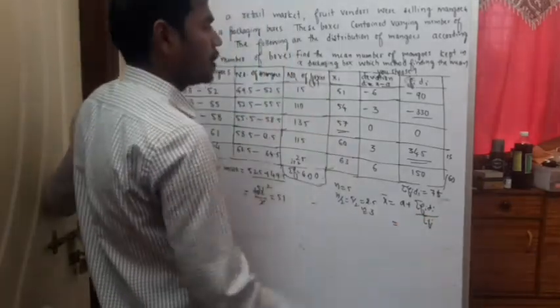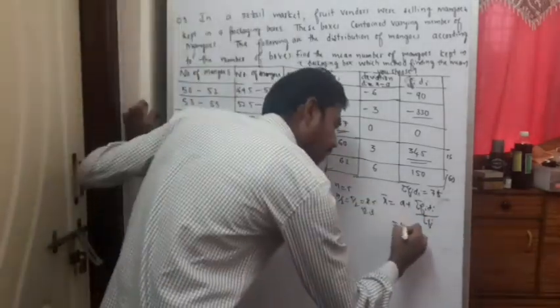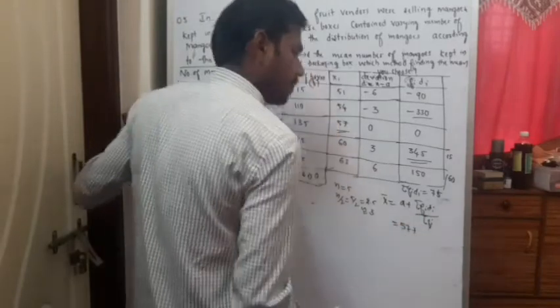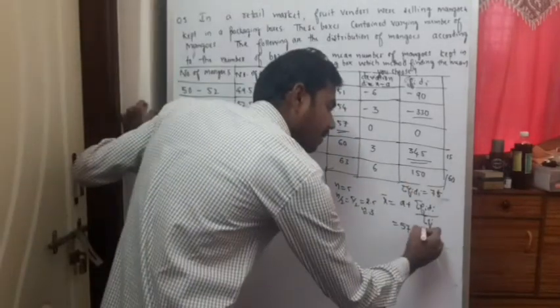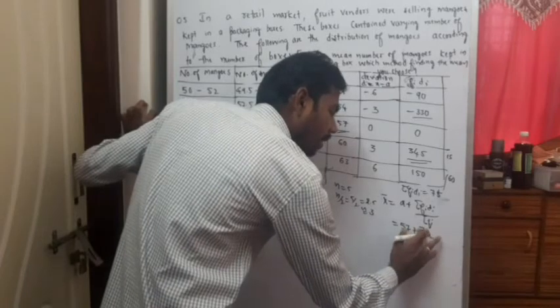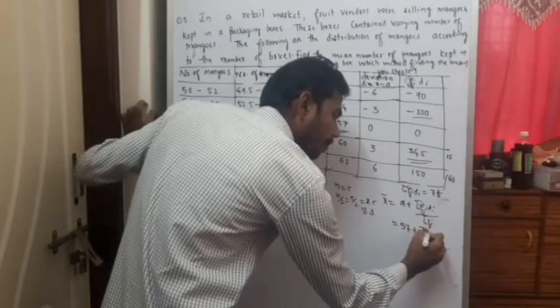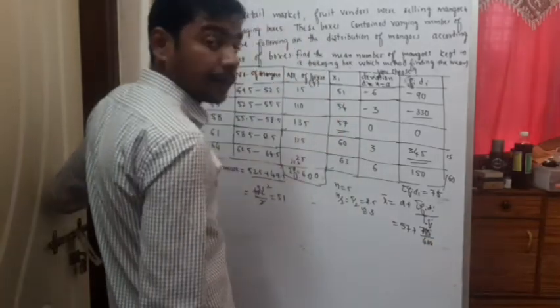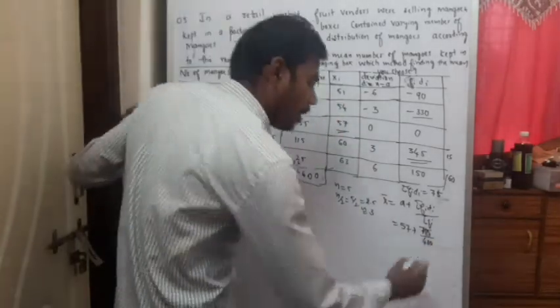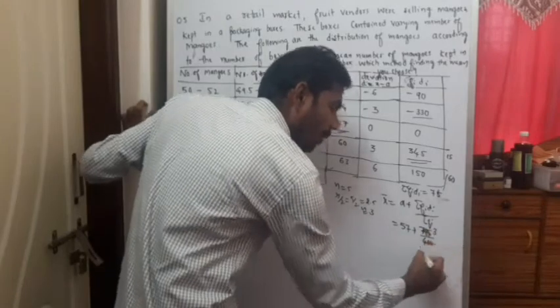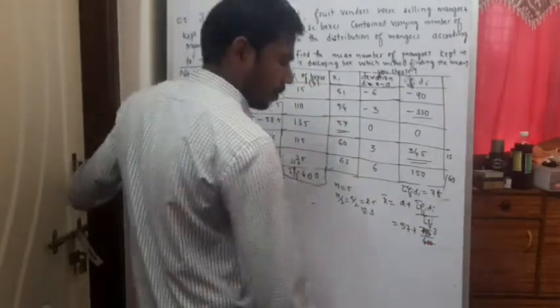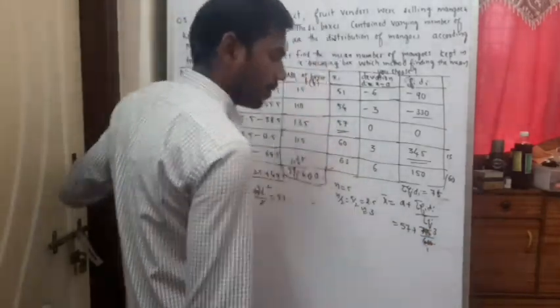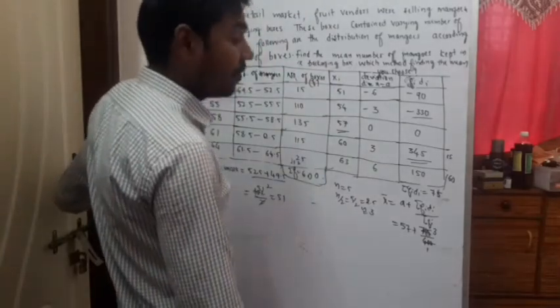A is the assumed mean, that is 57, plus sigma fi di, which is 75, divided by 400. Okay, now 25 multiples: 25 1s are 25. How much? 15 left.